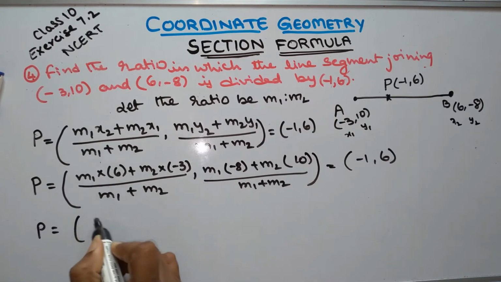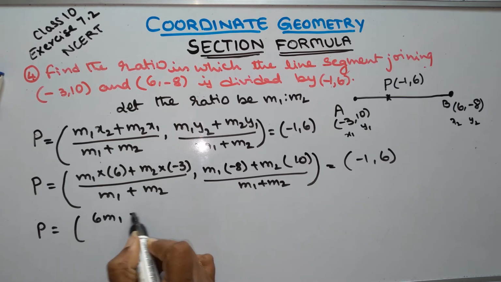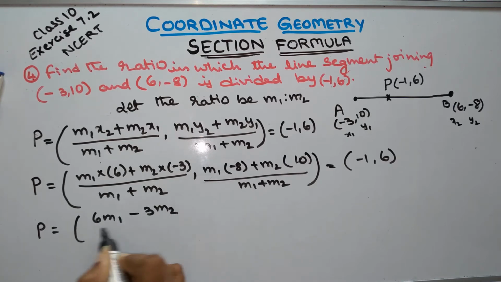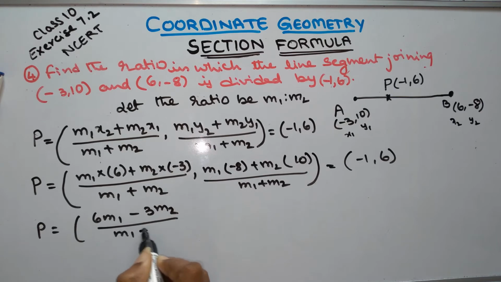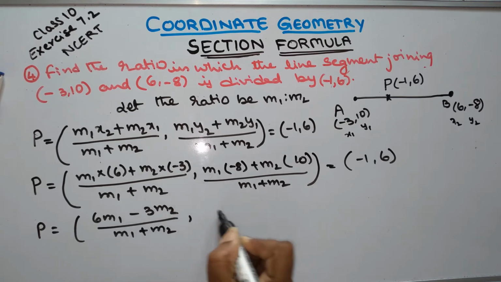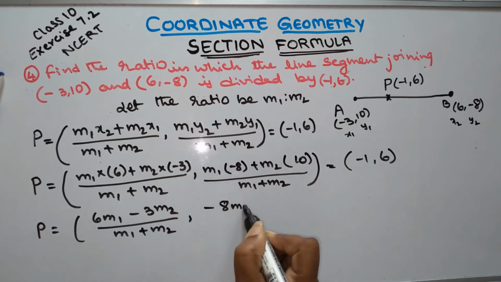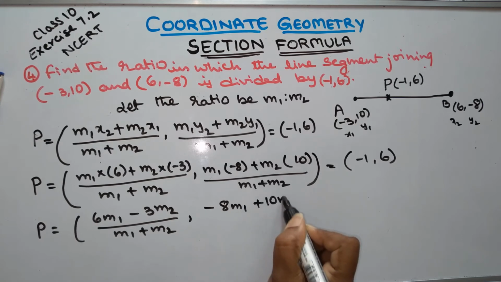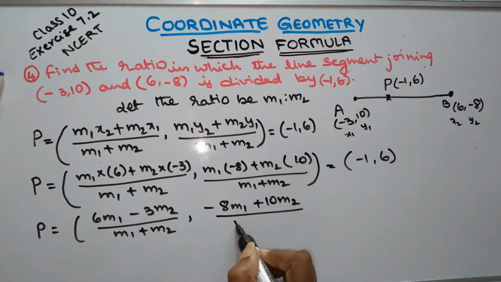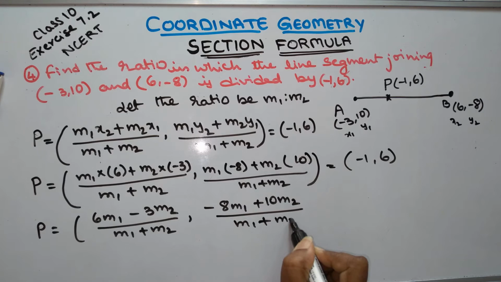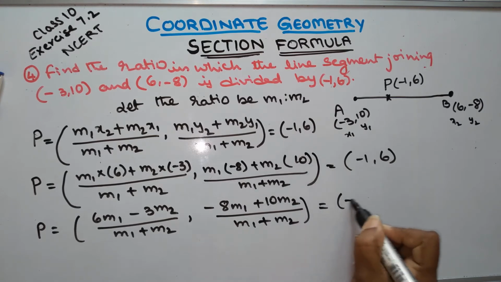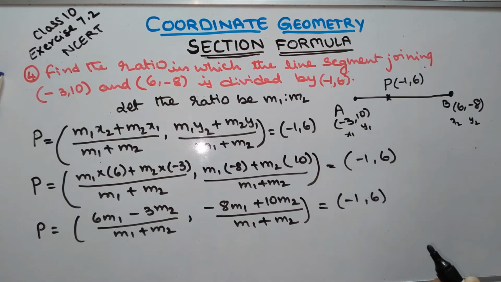This is nothing but (6 M1 minus 3 M2 by M1 plus M2, minus 8 M1 plus 10 M2 by M1 plus M2) equals (-1, 6).